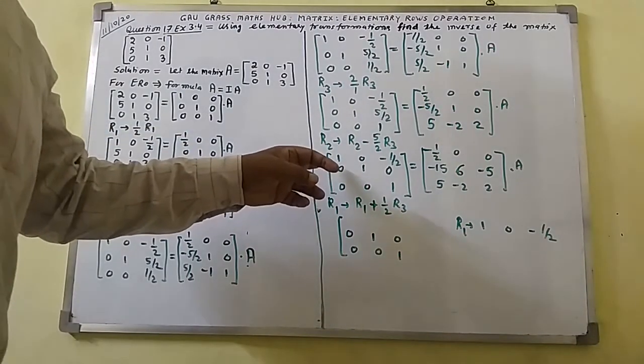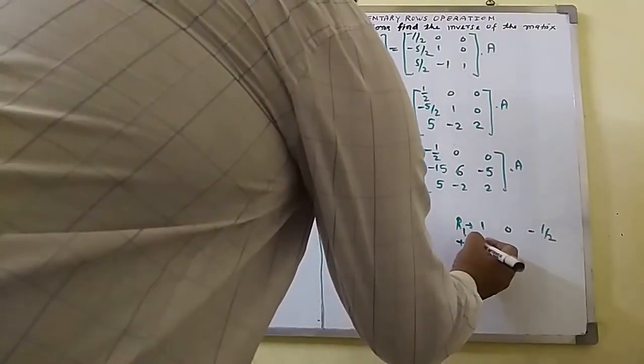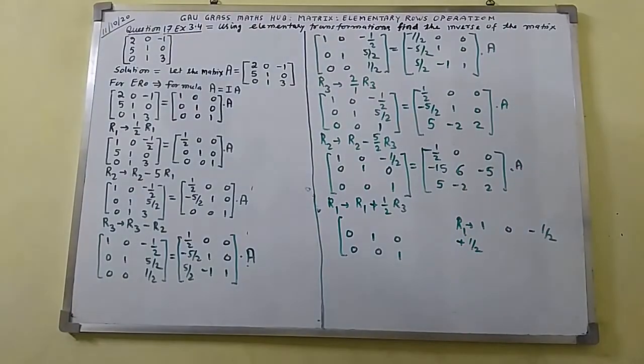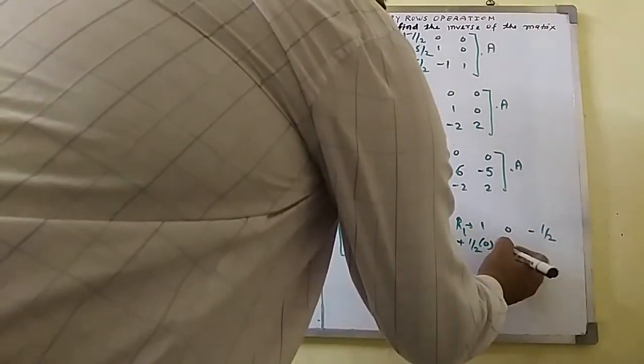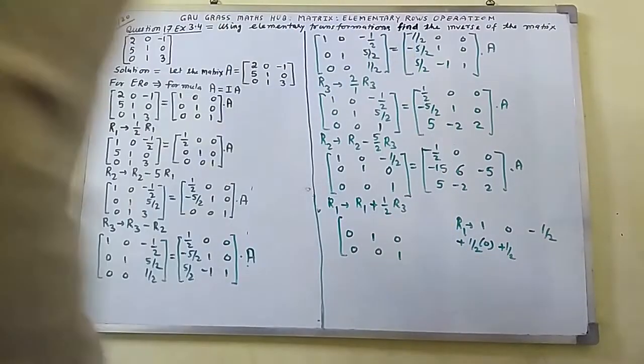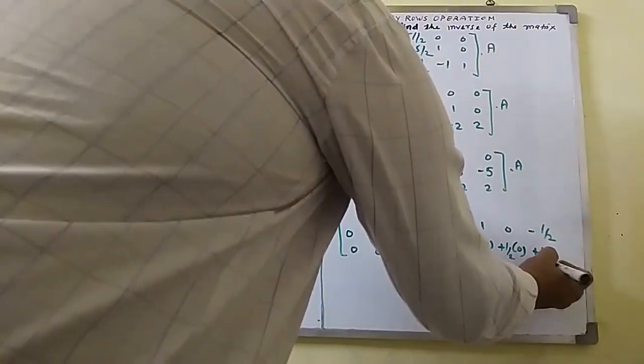The elements of the first row: 1, 0, minus 1 over 2 plus 1 over 2 will be written. In place of R3, here write 0. Here you can see plus 1 over 2. R3, write here 0, plus 1 over 2.